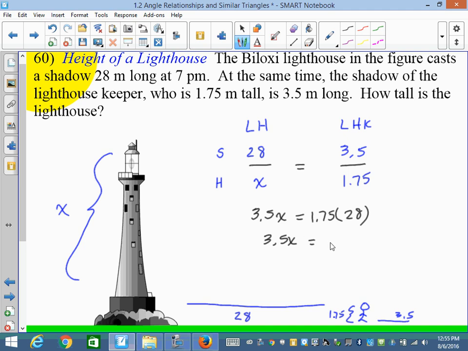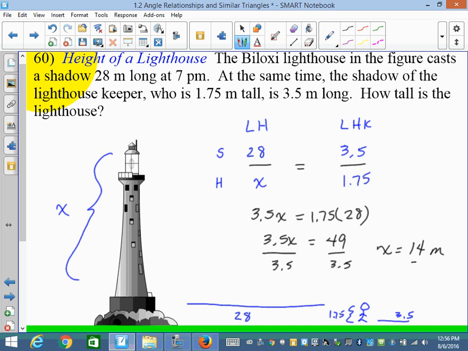Which is 49. Divide both sides by 3.5. And we get x to equal 49 divided by 3.5 gives us 14. 14 what? Oh, it's 14 meters.